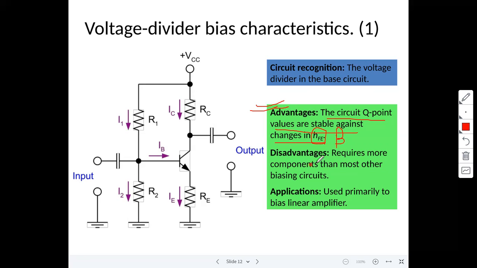The disadvantage is that, compared to previous ones, it requires more components, a total of 4 resistors. The main important application is to bias linear amplifiers.